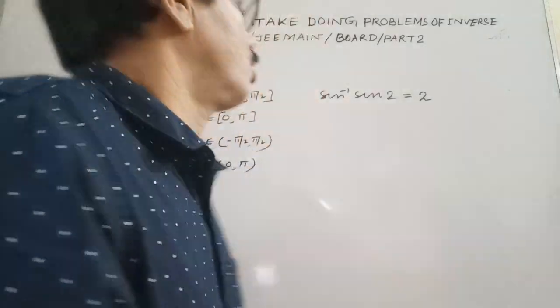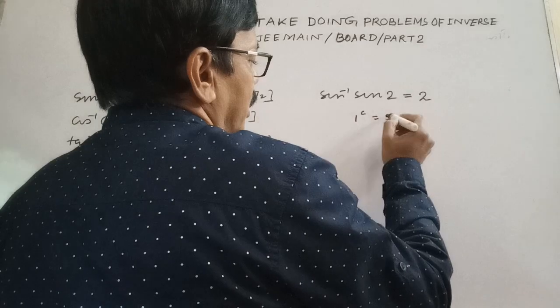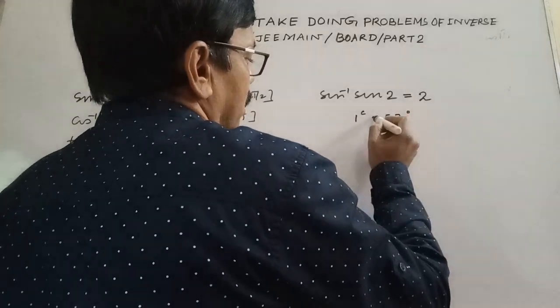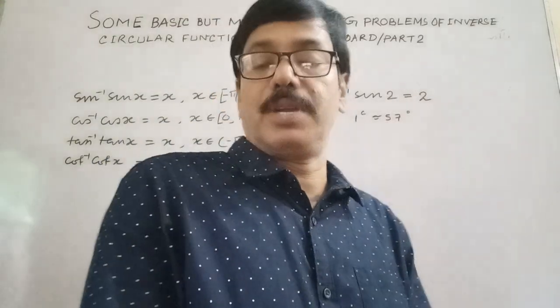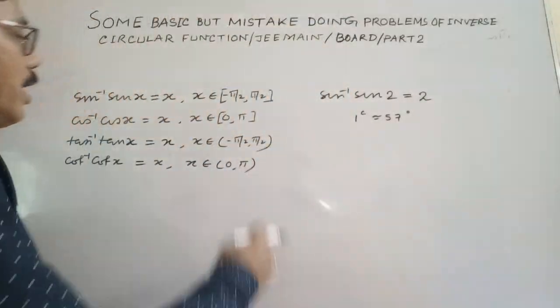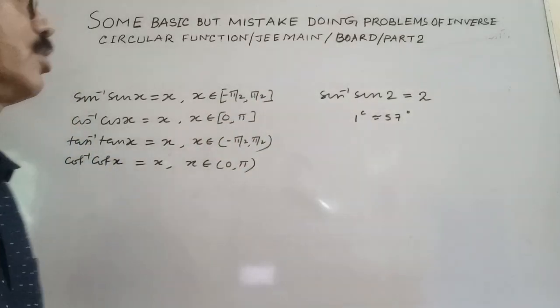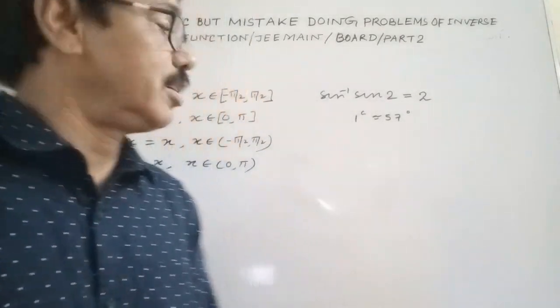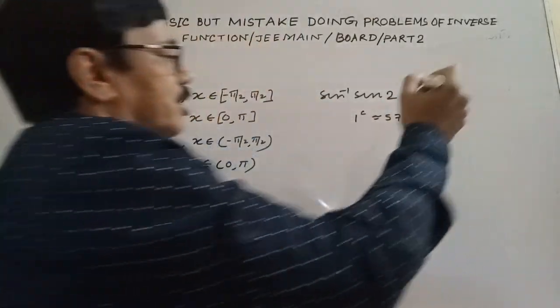But what is 2? 2 means 2 radians. 1 radian is approximately 57 degrees, so what is 2 radians? 57 into 2. It does not lie in the given restriction. So sin inverse sin 2 equals 2 is not true. This is wrong.